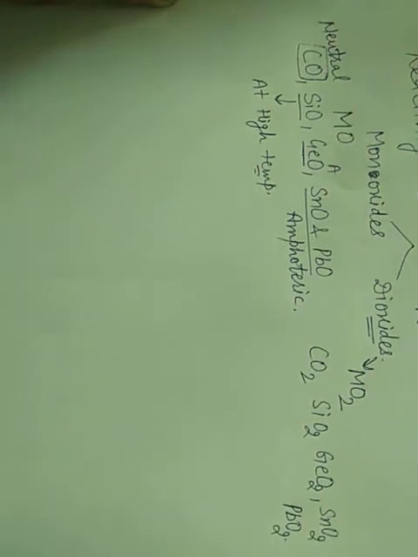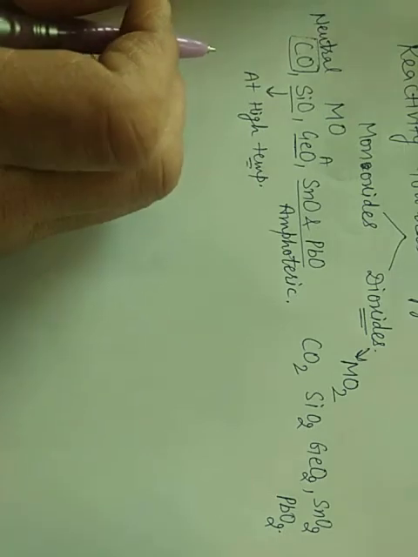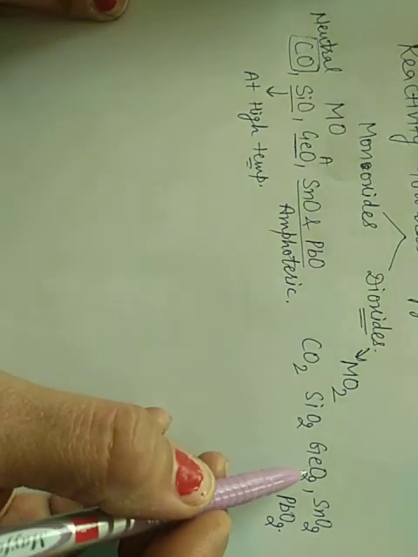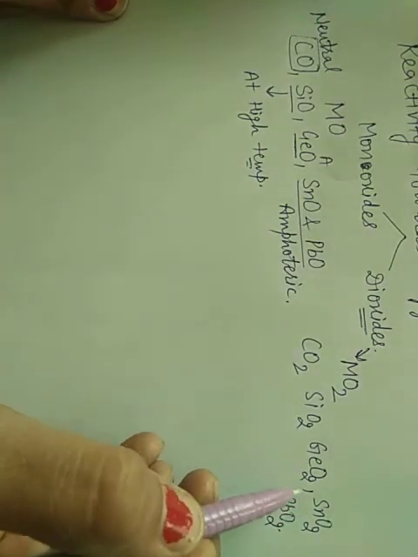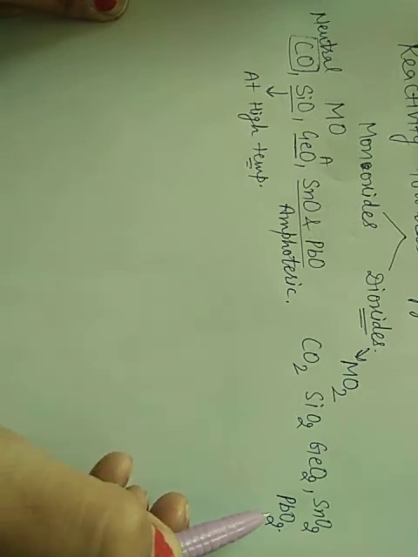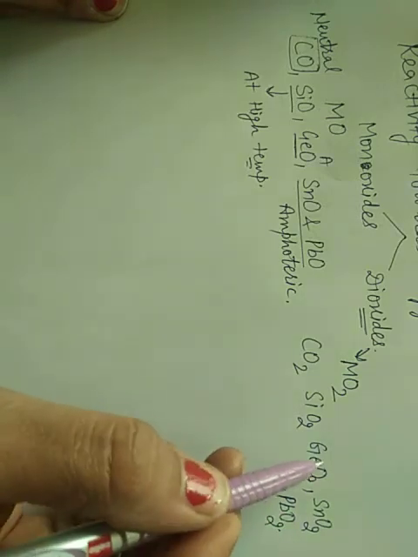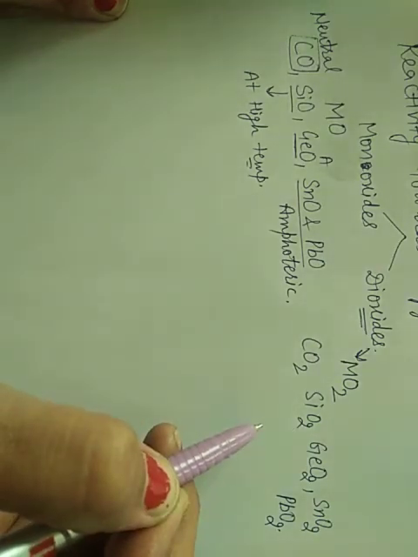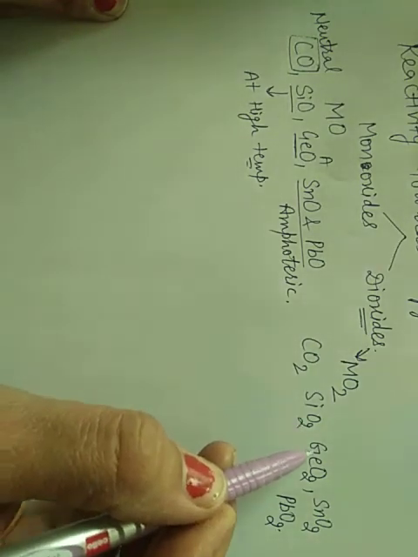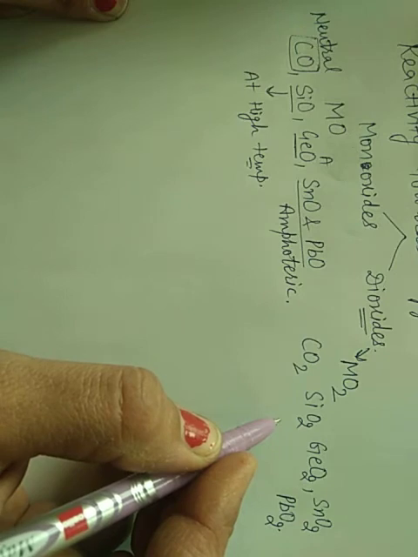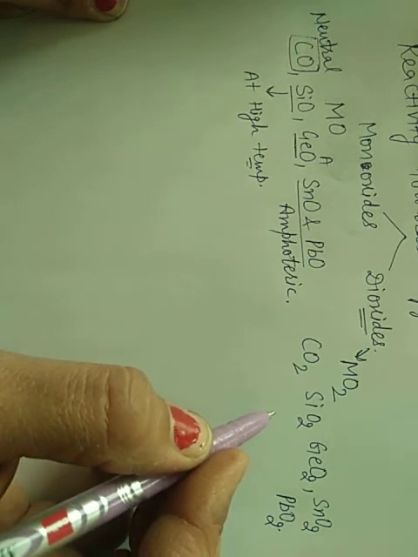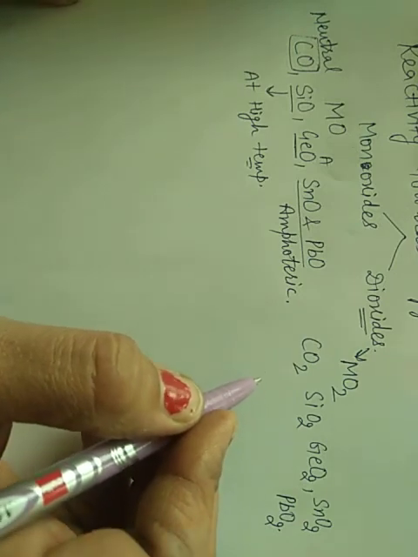Okay. So in this case, the dioxides of germanium and tin are amphoteric, PbO2 is weakly basic, and the acidic character of dioxide decreases, and basic character of dioxide increases down the group. Okay.